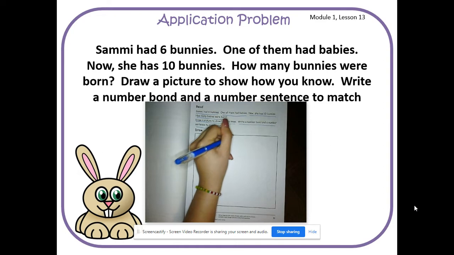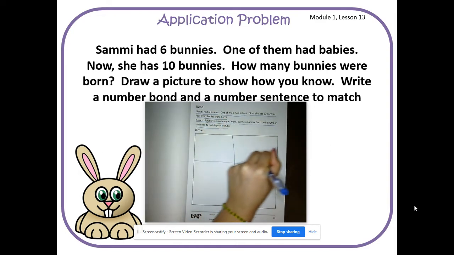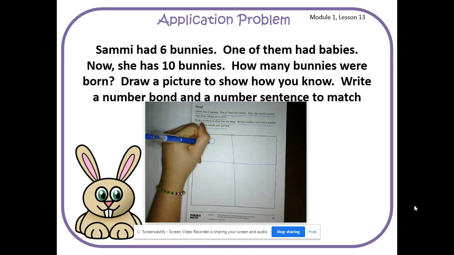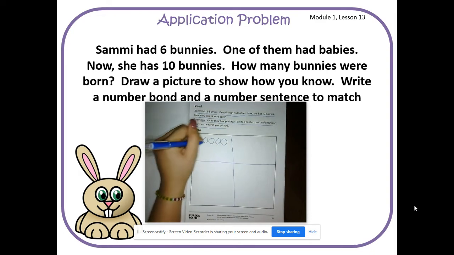Let's go ahead and draw our math T chart. It says that Sammy had 6 bunnies. So let's go ahead and draw 6. 1, 2, 3, 4, 5, 6.